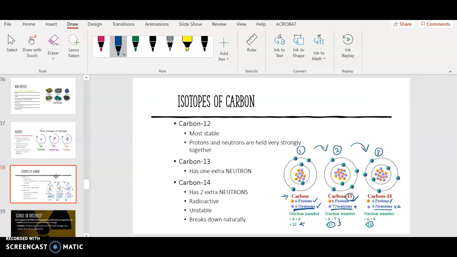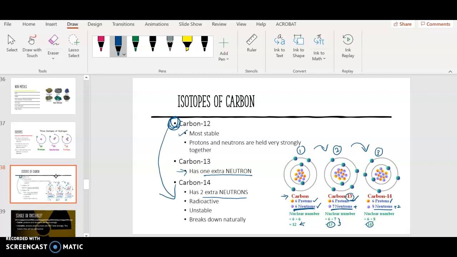So carbon-12, this is the most stable. That's what we see everywhere, what we're made of. Protons and neutrons are held very strongly together. Carbon-13 has 1 extra neutron. Carbon-14 has 2 extra neutrons. Because now it's getting more neutrons, it's becoming further and further away from the most common one.